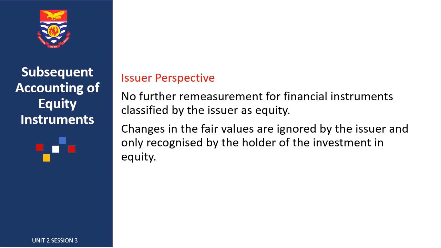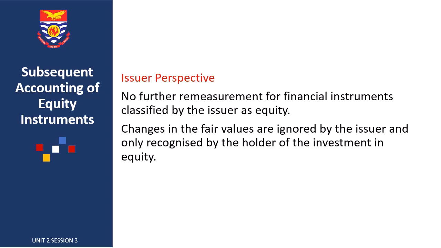Now with the issuer, with equity instruments, there is no further remeasurement for a financial instrument classified by the issuer as equity. So the issuer who issued a financial instrument as equity, after the initial measurement, there is no remeasurement.